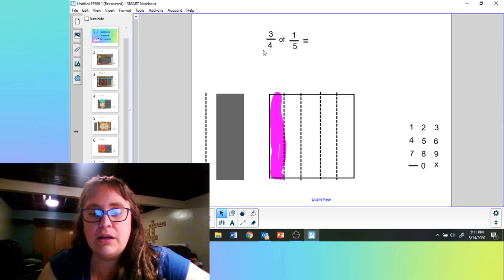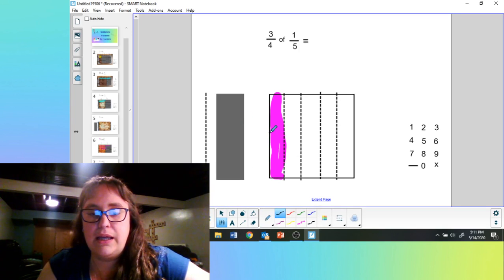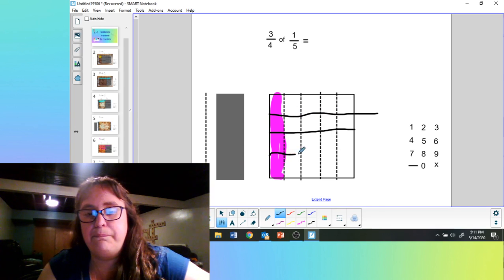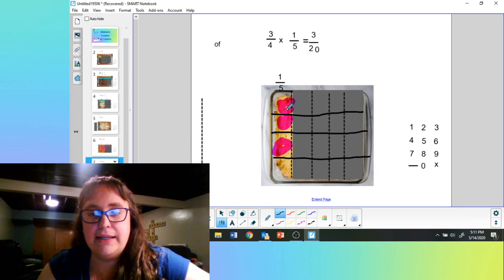Okay? Then you're going to come, just like we were doing, and you're going to show your fourths. So I'm going to hand draw just like I was doing before. I'm going to represent my fourths. Oop, all crazy with that, huh? Okay, and just like I did over here, remember how I highlighted the 3 that I got?